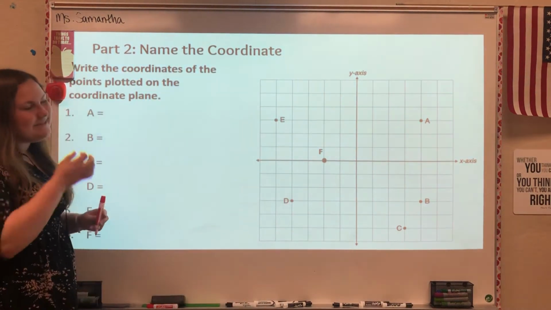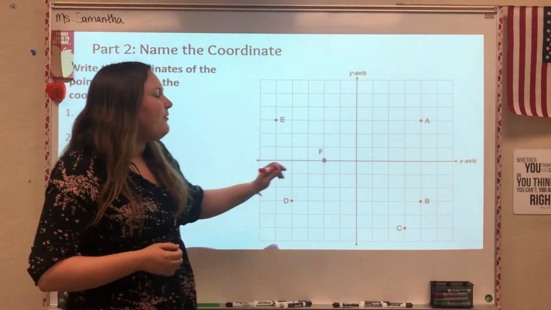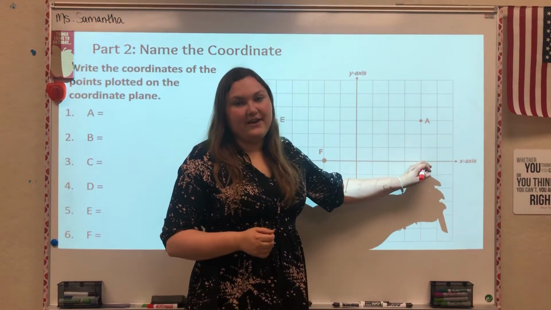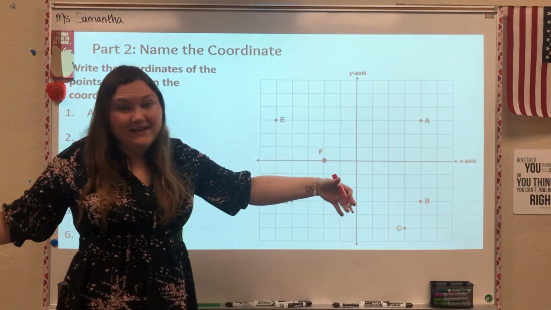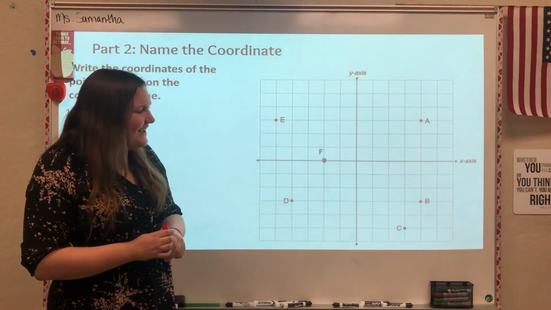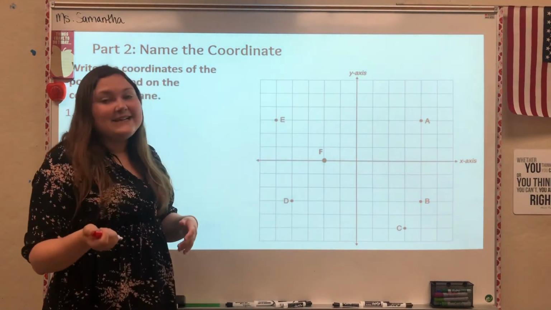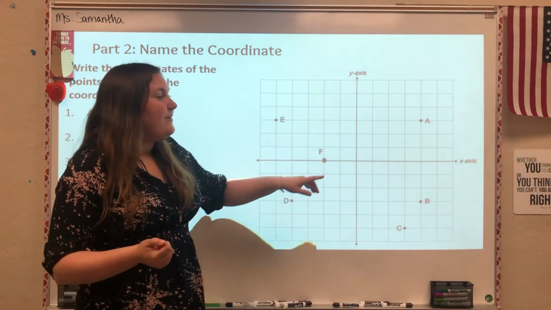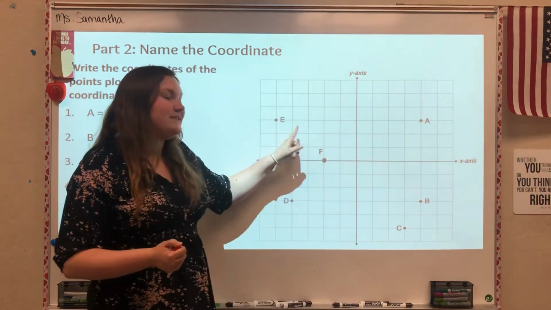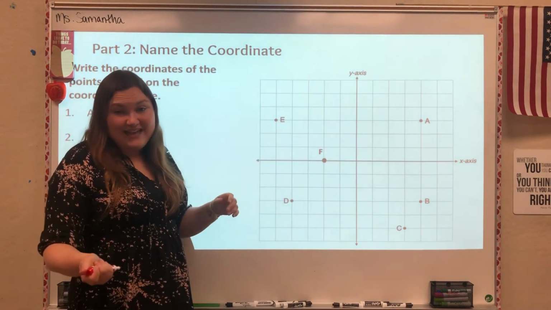Please do not go in and start labeling them all yourself. I could give you a really big blank coordinate plane, and I don't want you numbering like 1 through 20 in every direction. Instead, what this is going to mean is when I'm going to find what numbers each of these points are at, I'm just going to have to count.